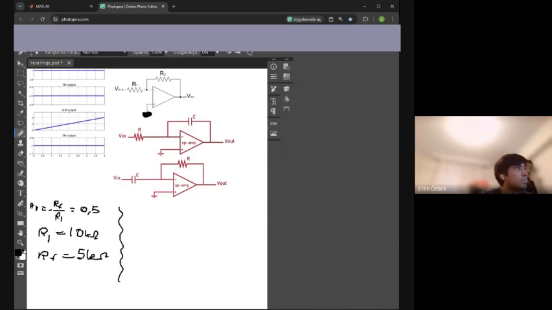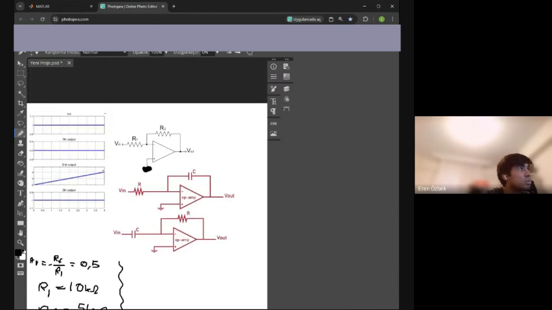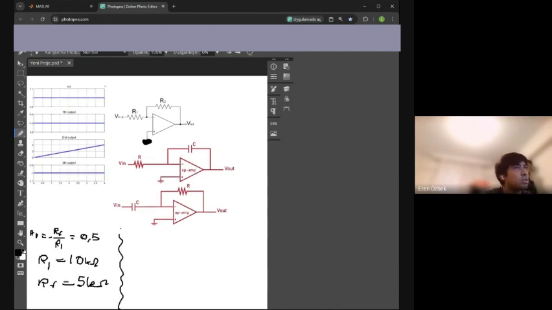For the next op-amp, we observe the input is 1 volt and the output goes from 0 to 4 volts, and the integral of a constant is a ramp. Since the input is negative and the output slope is positive, the circuit must be an inverting integrator. The output increases from 0 to 4 volts in 4 seconds.